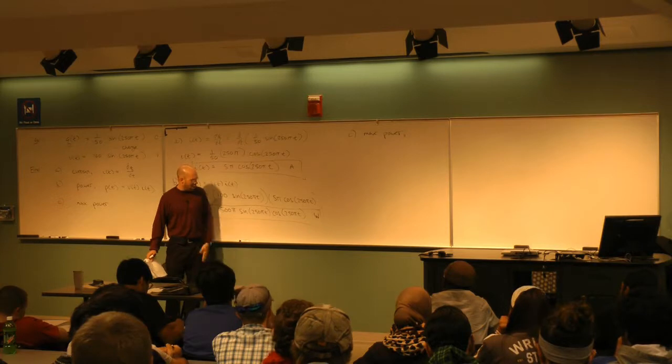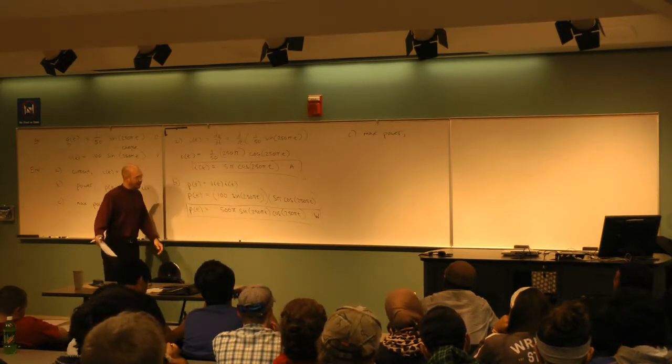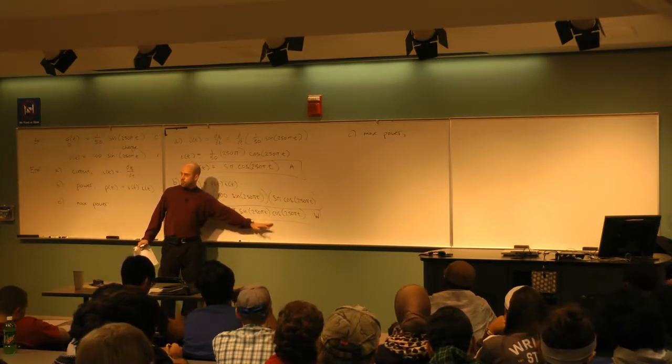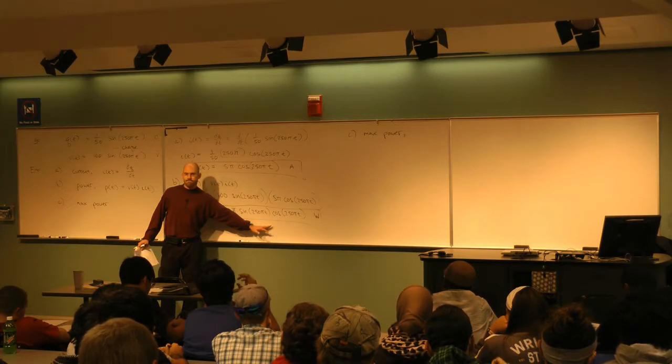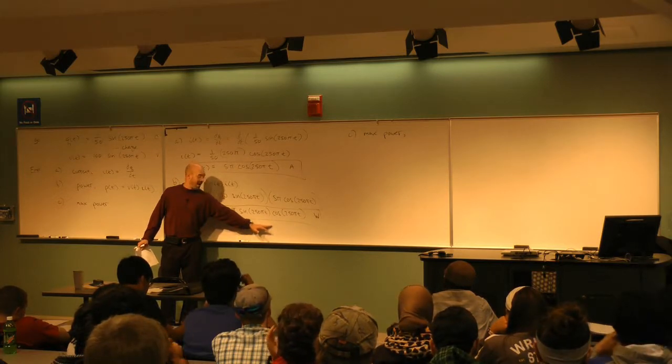But is there anything I can do from a trigonometry standpoint? Because I could use calculus. If I wanted to use calculus to find a maximum, what would I do with this function? I'd take a derivative.